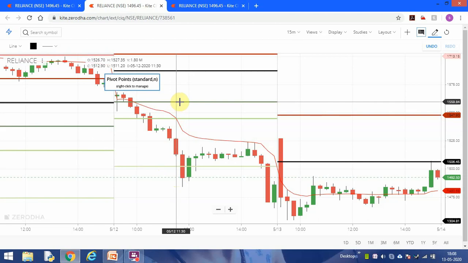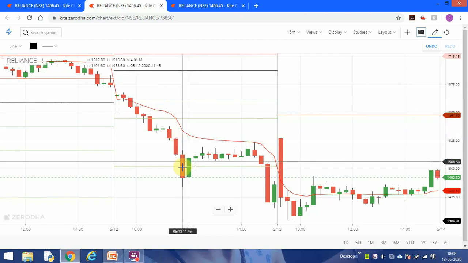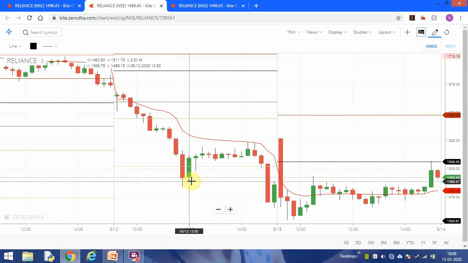Once you take a short trade, Reliance was at approximately 1560, and here you see it is 1489. So you see how much profit you can get.